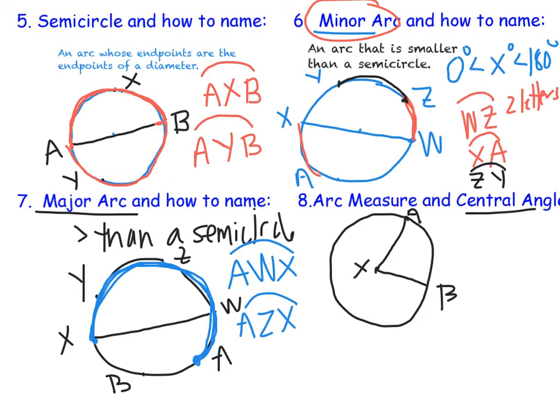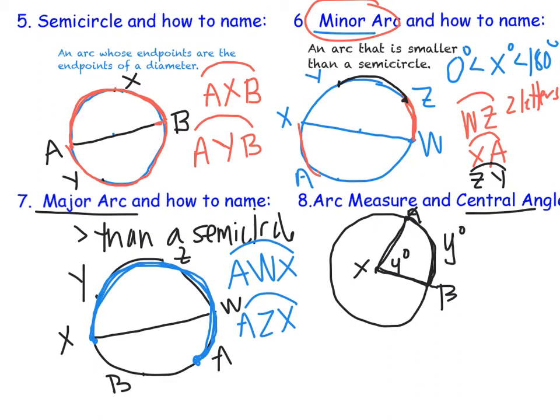You would have a degree measure for that central angle. So let's say we would call that y degrees. Now, the corresponding arc, marked out by the sides, the rays of your angle, would also be y degrees.